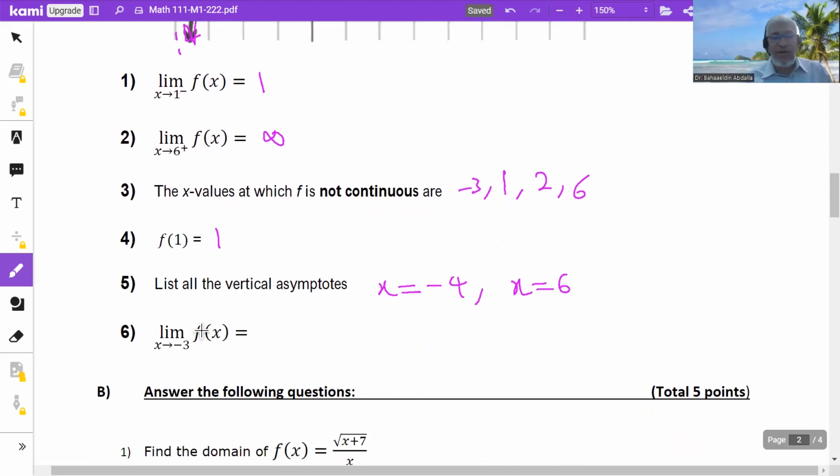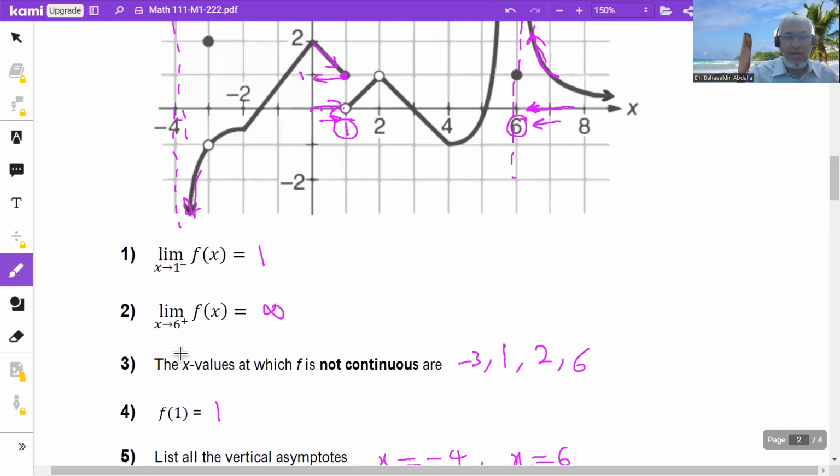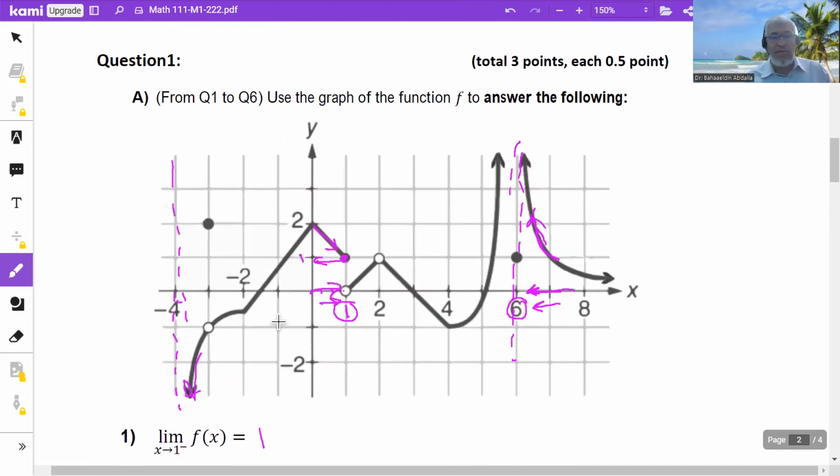What is the limit of f of x when x approaches -3? Well, he didn't say from the right or from the left. Anyway, x is -3, so let us go to -3. Now, let me check from the right. The graph is going to this number here, to -1. From the left, x approaches -3 from the left, the graph goes up to -1.